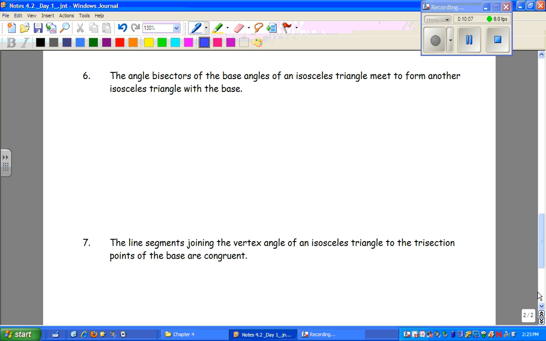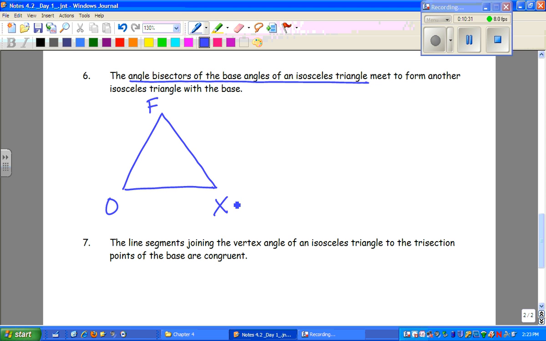Number 6, the angle bisectors of the base angles of an isosceles triangle meet to form another isosceles triangle with the base. So what are we starting with? The angle bisectors of the base angles of an isosceles triangle. So we're going to start with an isosceles triangle. We'll call it FOX.